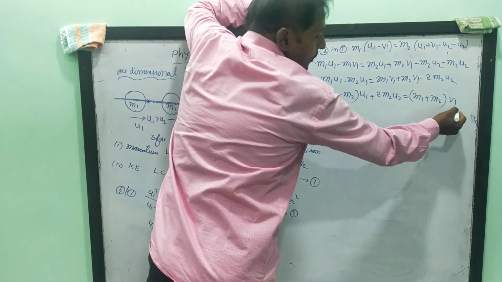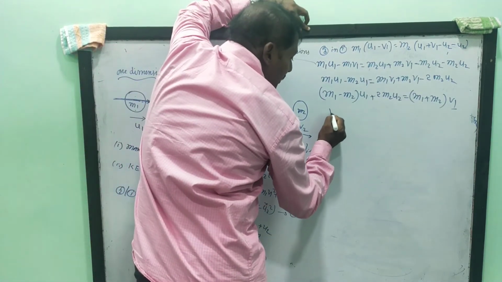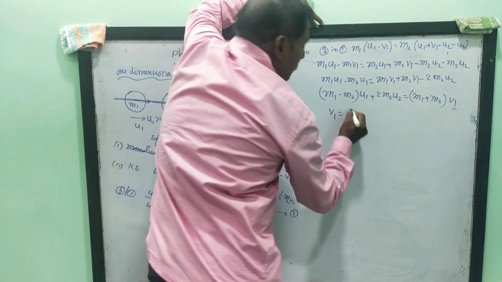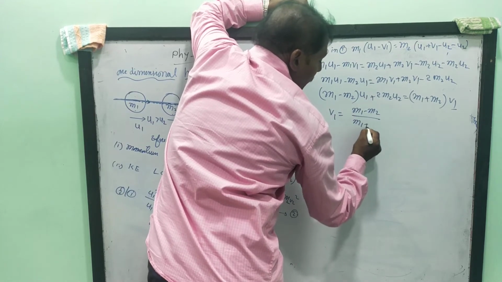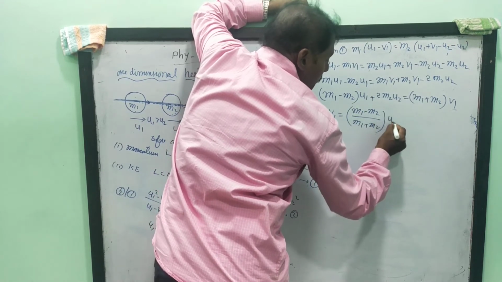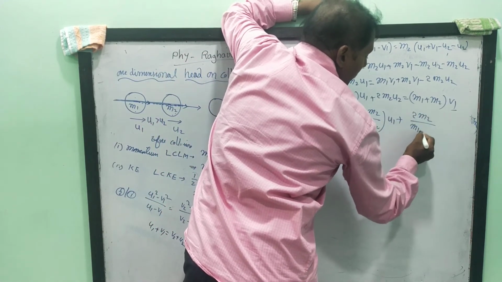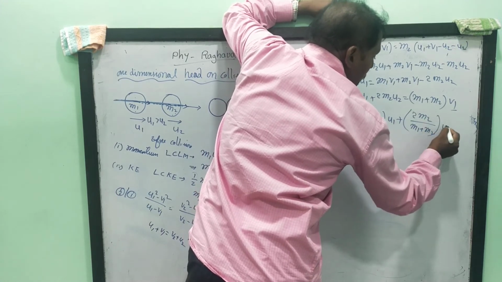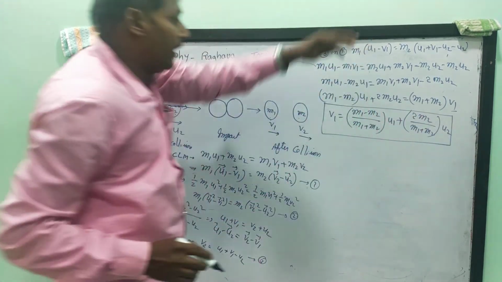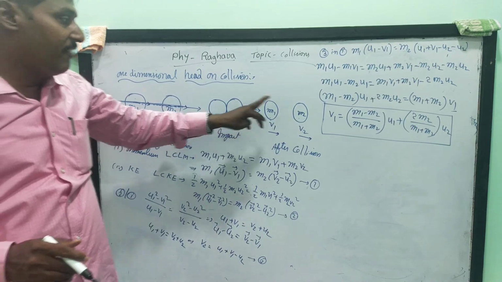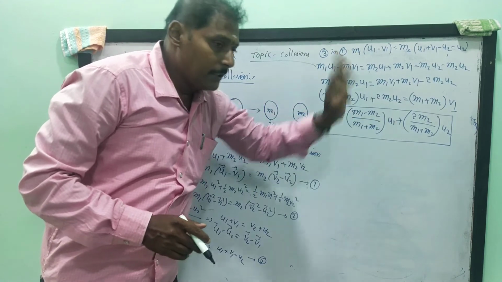And finally, the velocity of the first body after collision, v1, is equal to (m1 minus m2) by (m1 plus m2) into u1 plus 2m2 divided by (m1 plus m2) into u2. So in case of one-dimensional elastic collision, the velocity of the first body after collision is expressed in the form of this one.